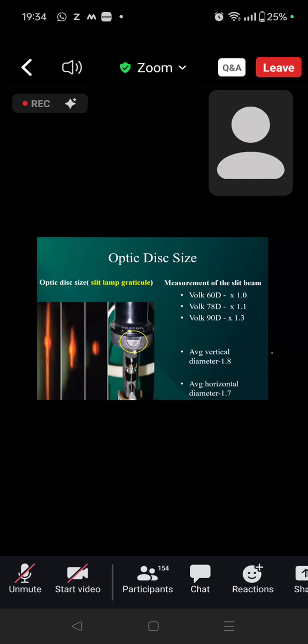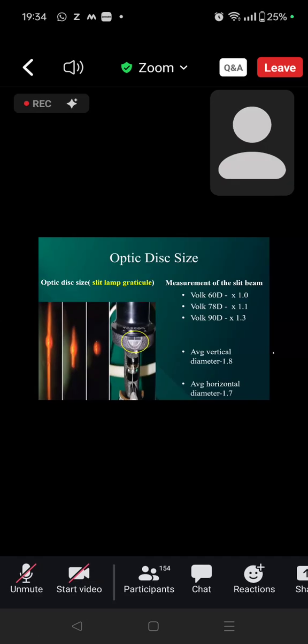Okay, so now coming to the optic disc size. So how to estimate the optic disc size? In the slit lamp, you have a measurement knob which is used to adjust the height of the slit, and the measurement is given in this measurement graticule. This is the slit lamp graticule where you have measurements from 0 to 14.